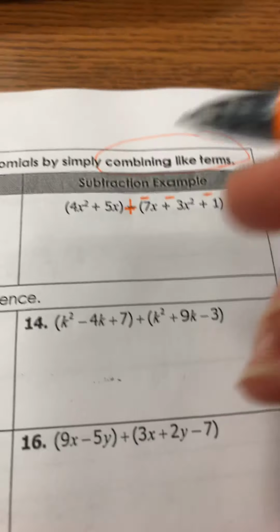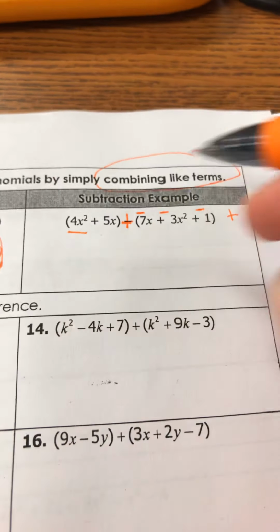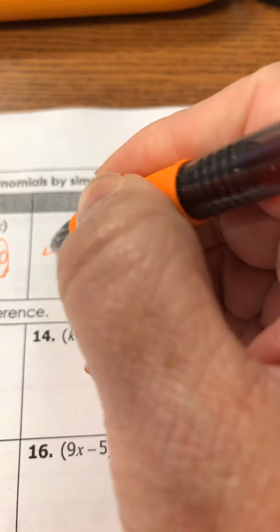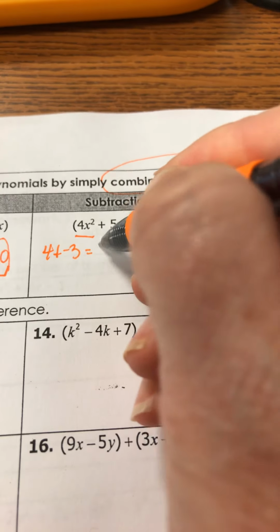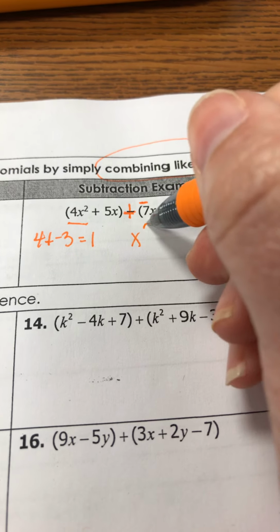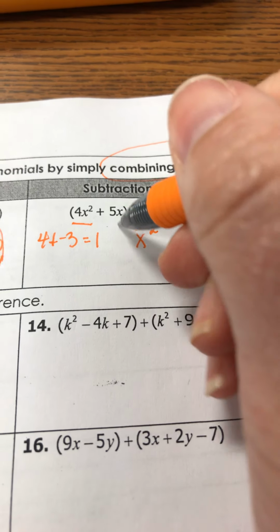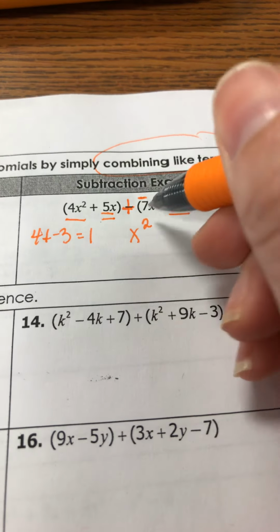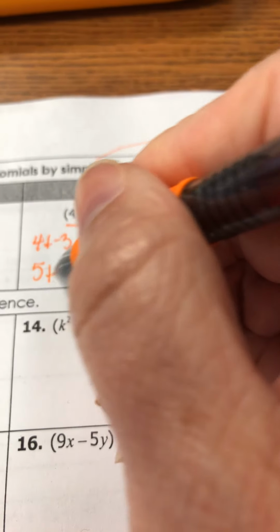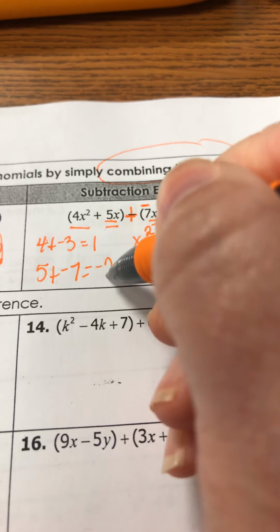Let's start with our largest exponent, which is square. We've got 4x squared and negative 3x squared. So that's going to be 4 plus negative 3, which is positive 1. So that's going to be 1x squared. Now let's go to regular x. We've got 5x and we have negative 7x. So 5 plus negative 7 is negative 2.